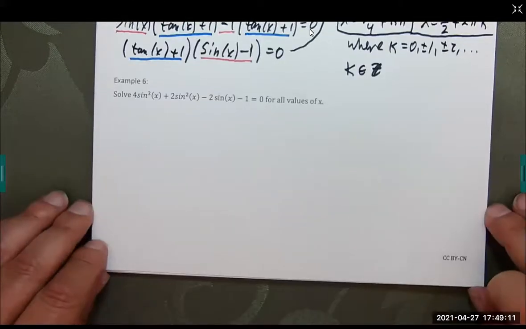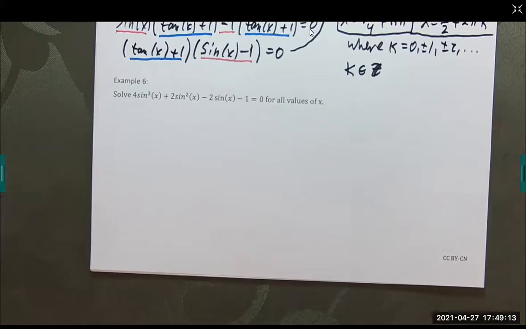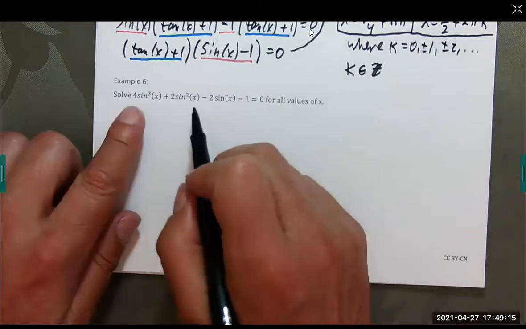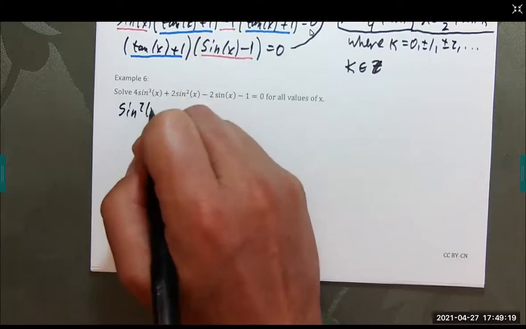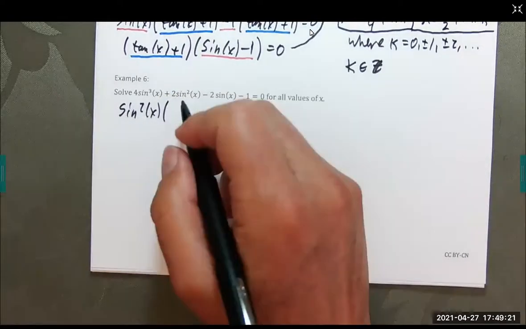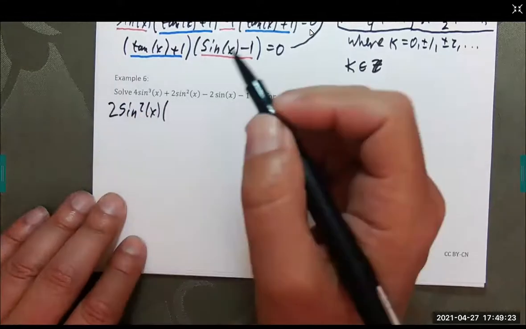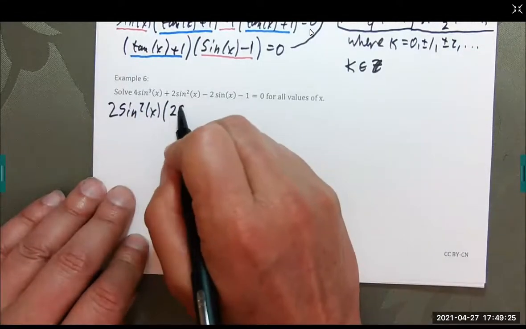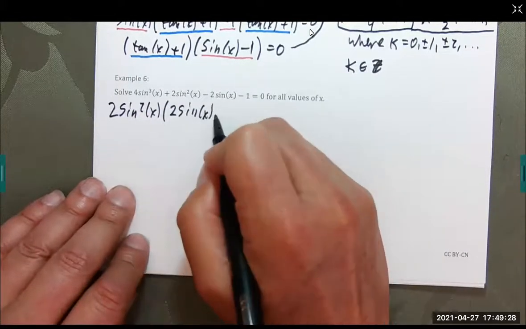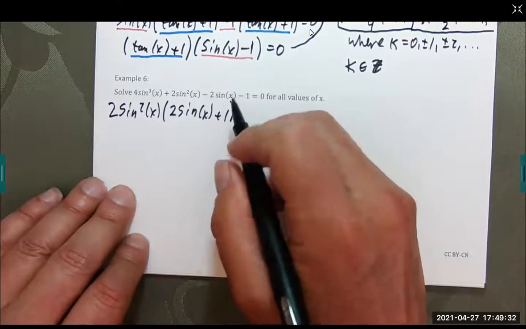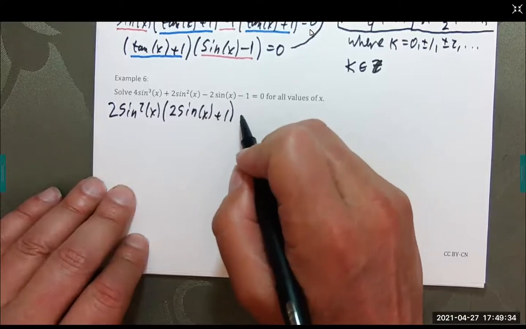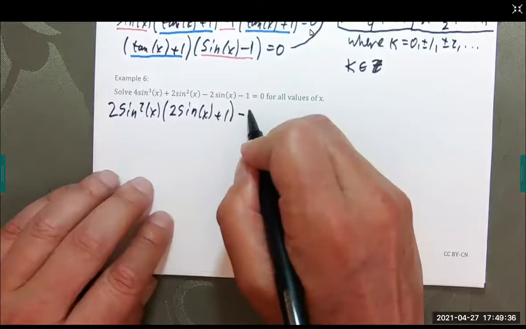Example 6, this is another factoring by grouping. I'm going to notice that for the first two, I can factor out a sine squared. I'm left with 2 sine x plus 1. And here again, I can factor out a -1.